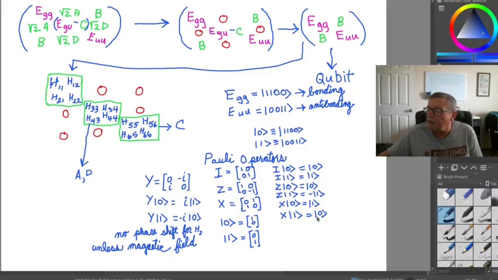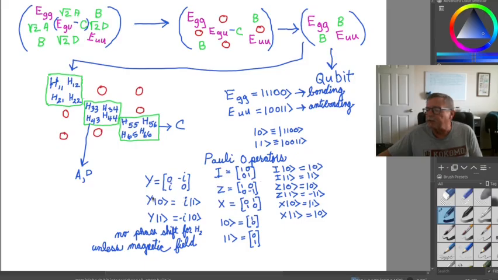Then there's this animal called a Y operator, and you'll notice we've got these imaginary constants here, and those relate to phase shifting. Now for the hydrogen molecule, there's no phase shift that's going to occur. Other molecules will see that the phase shift does have an effect on what's going on, but this doesn't have any effect unless it happens to be in a magnetic field, and then the phase shift would start to show up.